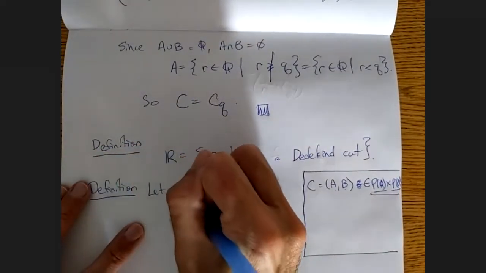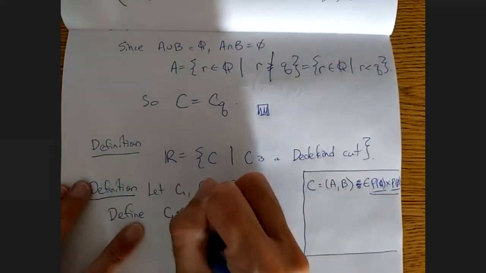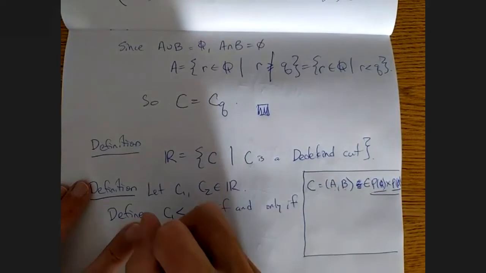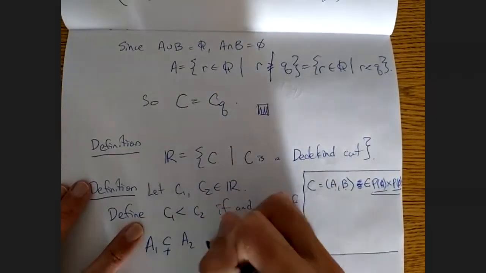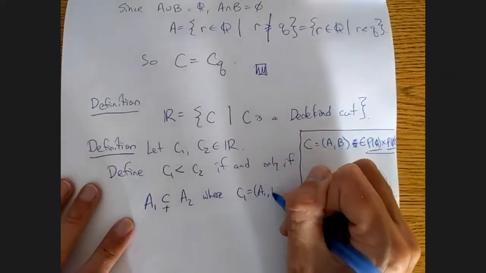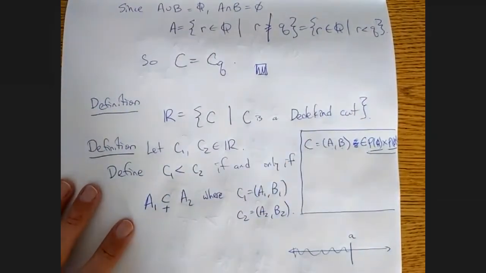So let C1 and C2 be real numbers. We define C1 is less than or equal to C2 if and only if A1 is strictly contained in and not equal to A2, where C1 is the cut A1B1.